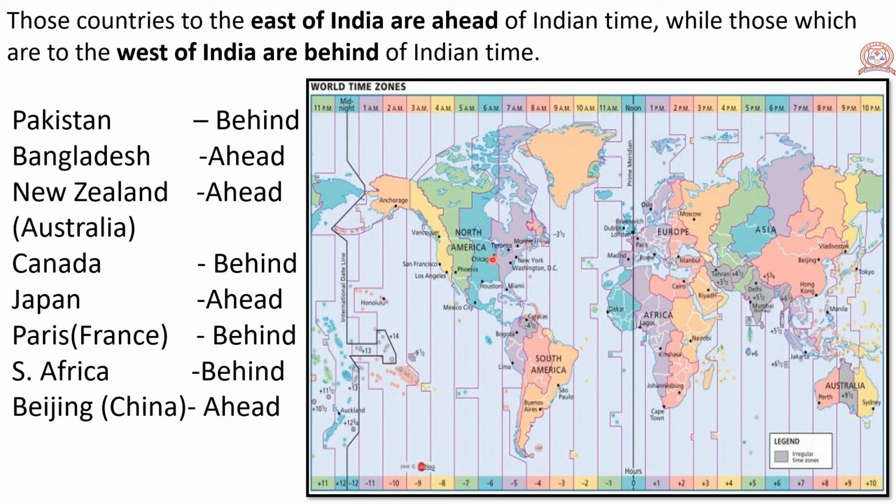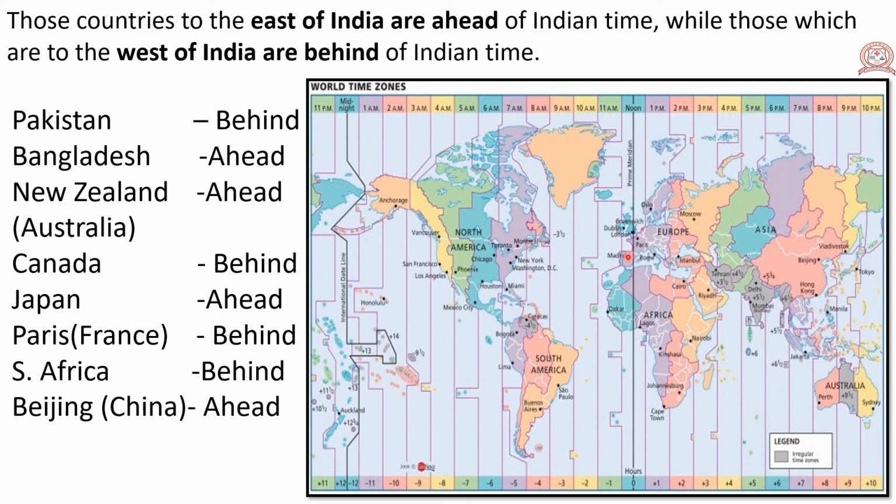It is in the west of India, so there the time is behind Indian time. Japan. Japan is here. Japan is in the east of India, so the time in Japan is ahead of Indian time.